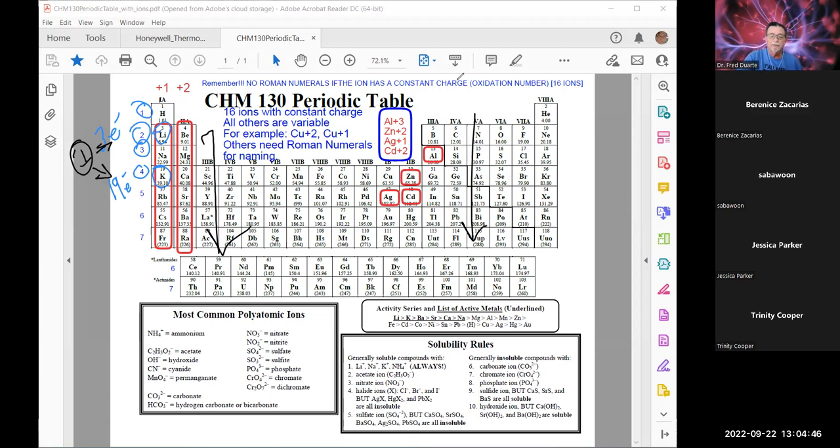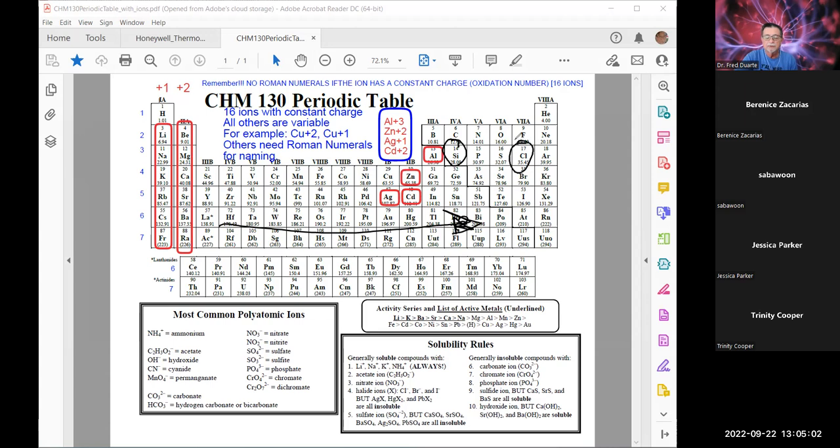Where they differ with respect to radius is when we go across the periodic table, okay, across the periodic table. So this is something like, let's compare silicon versus chlorine. Well, what they have in common is both of them are in the 3rd energy level.